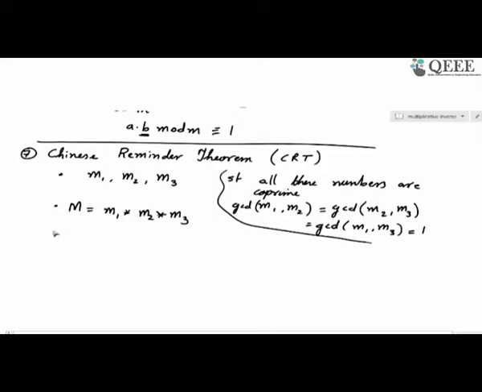Now suppose we are given a system of equations of this form: x congruent to a1 mod small m1, x congruent to a2 mod m2, and x is congruent to a3 mod m3.